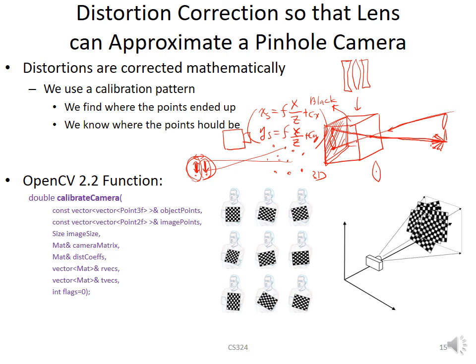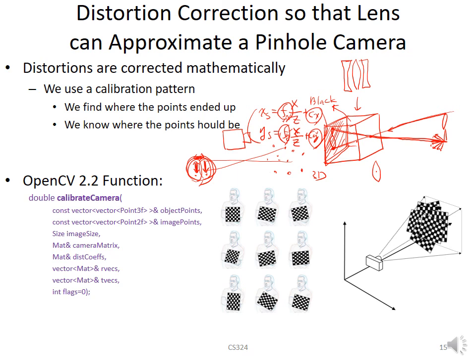So by applying some optimization technique to reduce this error, we finally get fx, fy, and cx, cy. We calculate these proper values. So that is the calibration routine.